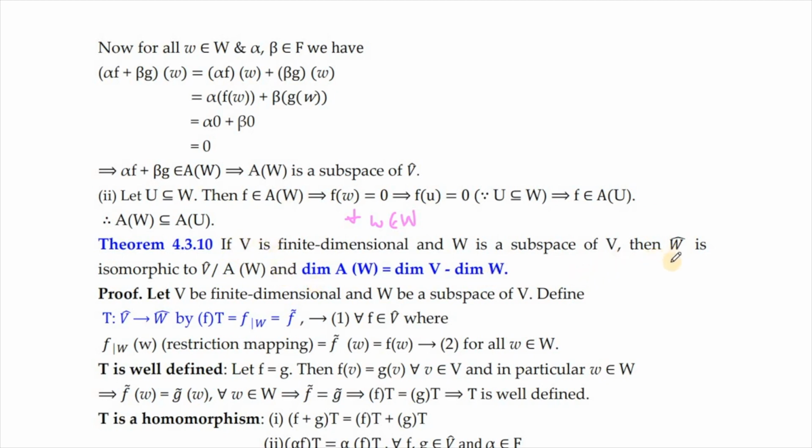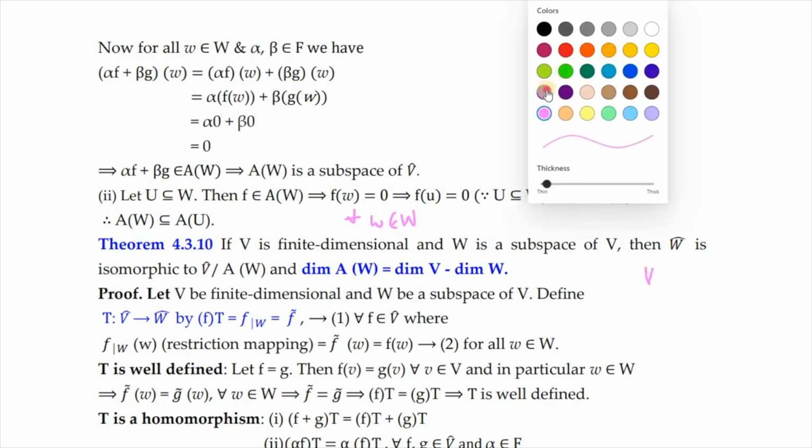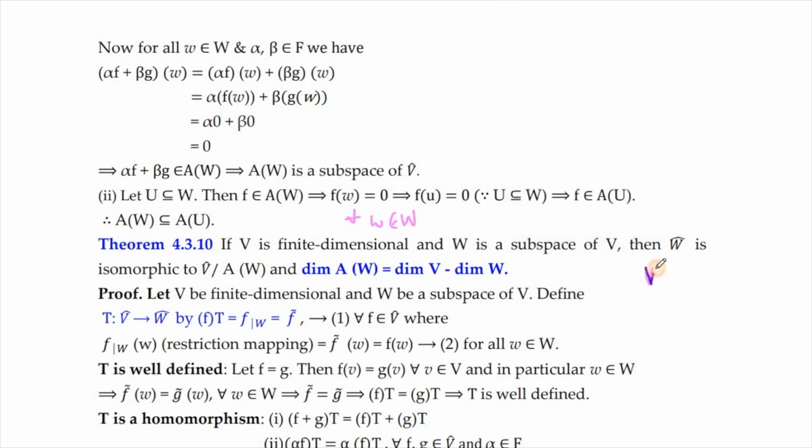First we will establish this by considering a mapping between V cap and W cap. We shall define a mapping between these two and show that this mapping is an onto homomorphism with kernel A(W).